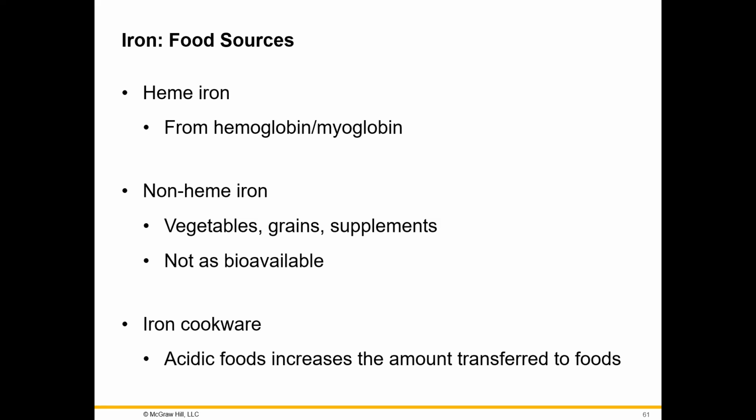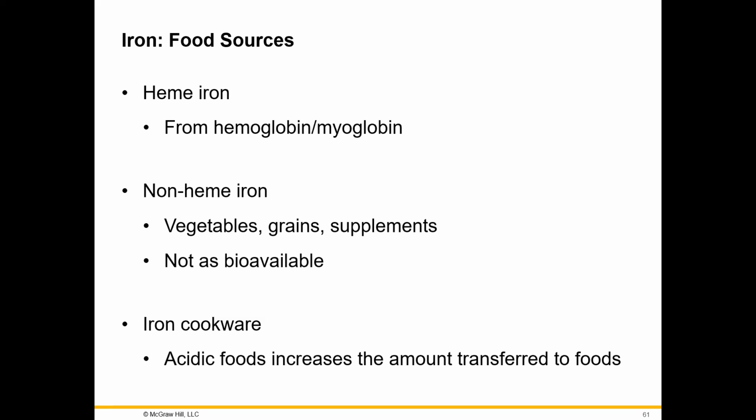Okay, iron is an essential mineral, and it's available in two primary forms in our diet: heme iron and non-heme iron. Heme iron is derived from hemoglobin and myoglobin, which is found in animal products like meats, beef, poultry, and fish.